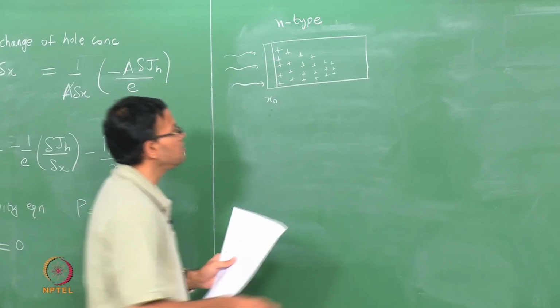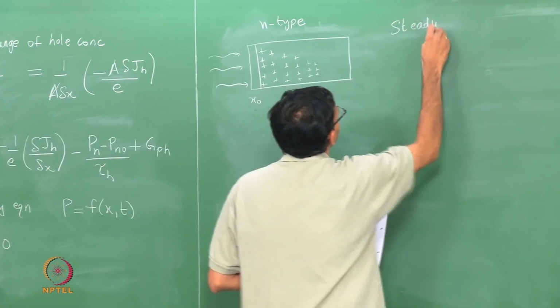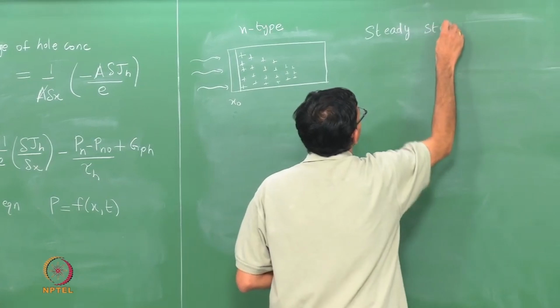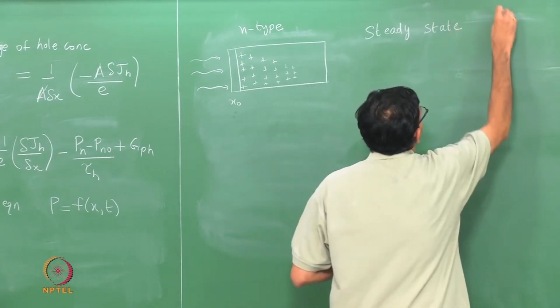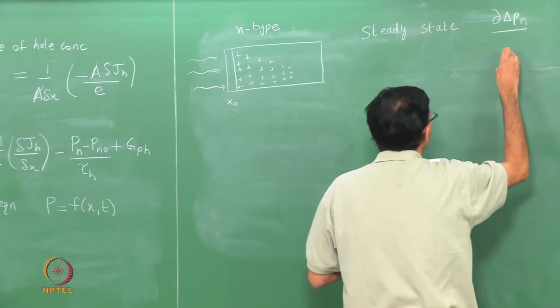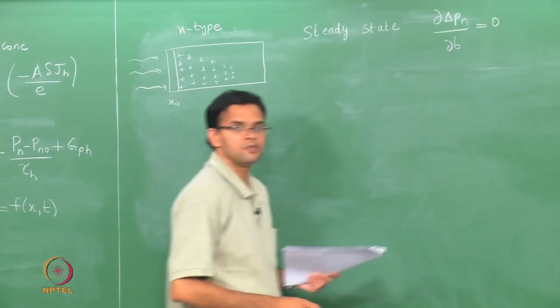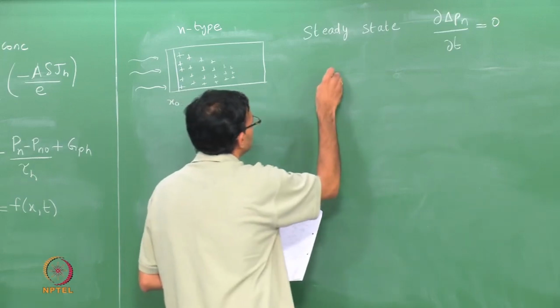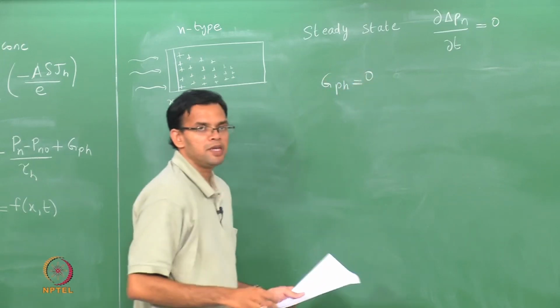So, we are considering the system at steady state. So, that dou delta Pn over dou t is 0. We also have a system of illumination only at the surface, so that Gph is 0.